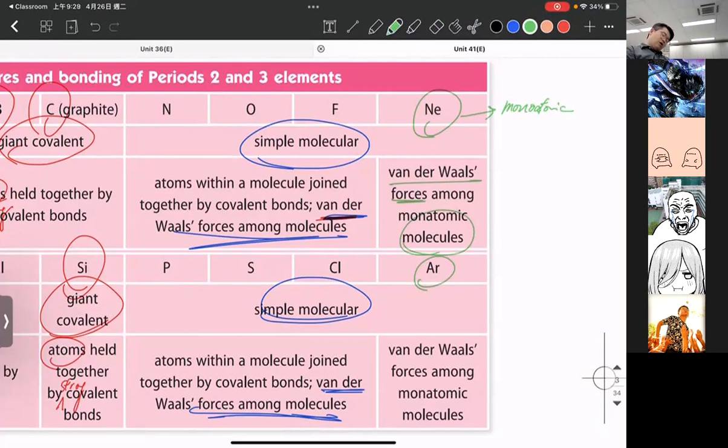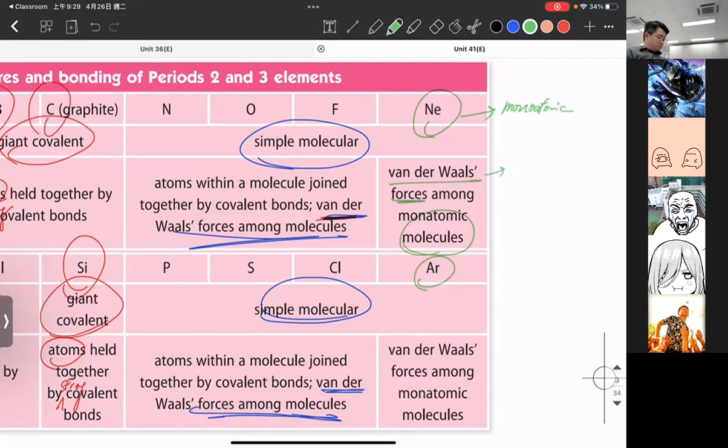While for van der Waals force, there are so many types of van der Waals force. So what type of van der Waals force are we mentioning? Dispersion, dipole, or what? Do you remember this one?